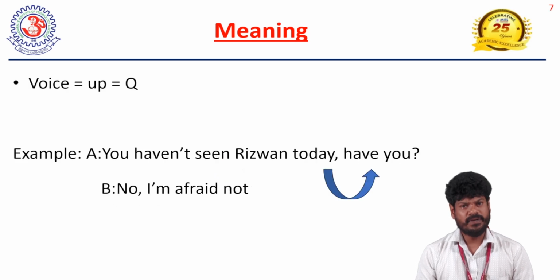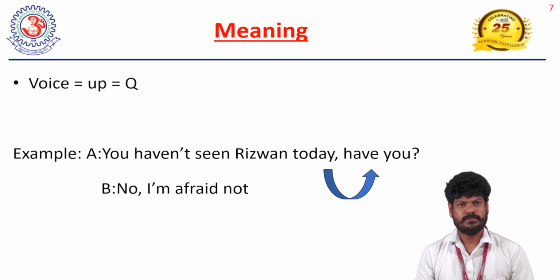Then, when we are using the question tag, if our voice goes up, it means we are asking a question. We expect the listener to answer for that question. Let us look at the example. You haven't seen Rizwan today, have you?